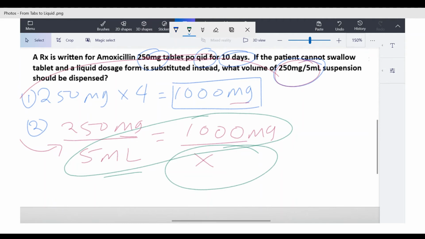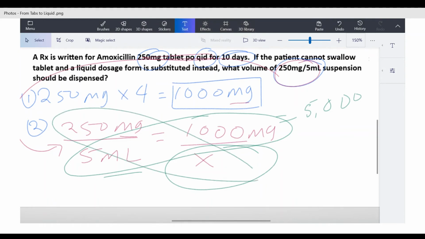Again, 5 times 1,000 gives us 5,000, and then we're going to divide the 5,000 by 250. I'm doing this so that I'm left with fewer numbers to divide by.